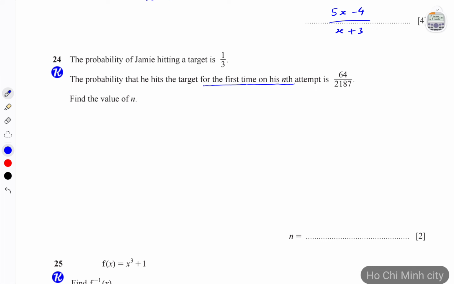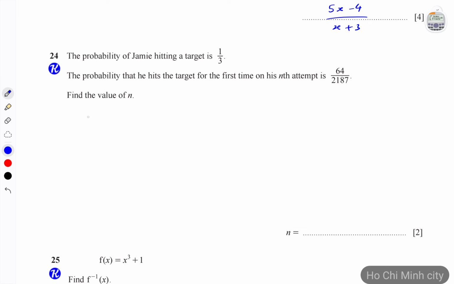It means that for the n minus 1 attempts, they are failures. All right, he didn't hit the target for n minus 1 attempts. Up to the nth attempt, that one will be the first hit for him. So we can demonstrate the results like this.